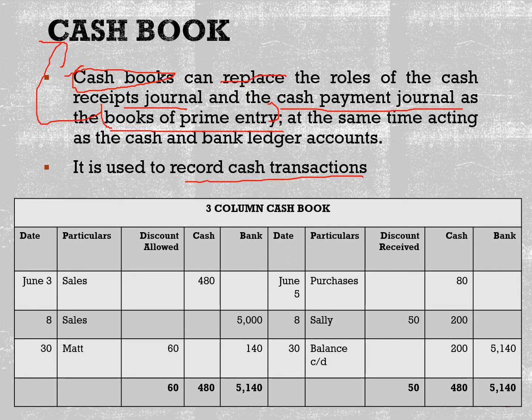Okay, macam mana rupa cash book ni? So, this one. Actually, dia macam account, T account. Okay, actually dia macam T account. This one and this one. Okay, I'm sorry because I'm using the mouse, so it's quite difficult for me to follow the line.